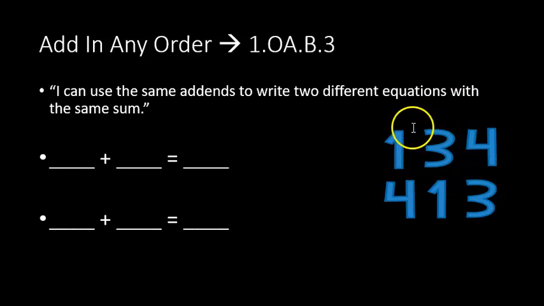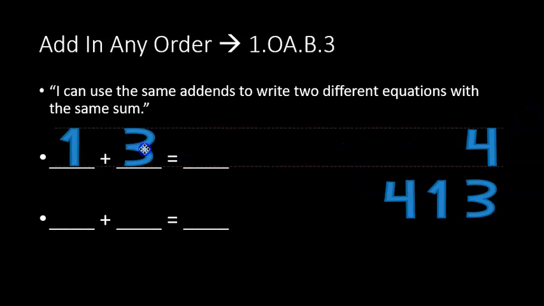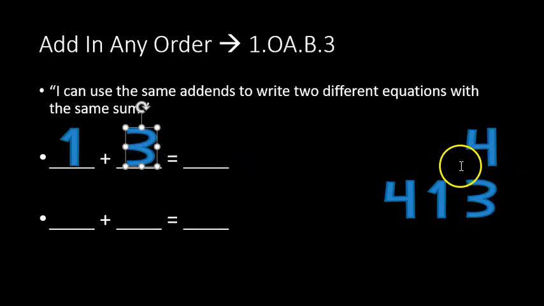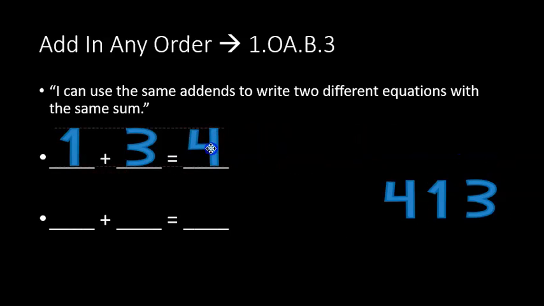So boys and girls, 4 is going to be the answer here because it is the biggest number out of these three numbers. So watch Mr. Begay. Let's get 1 and we're going to put 1 up front there. 3 we're going to have to put in this second line here. And since we said 4 is the bigger number, 4 is going to be our answer there. And so look, we have our first addition equation completed. 1 plus 3 equals 4, which is true.